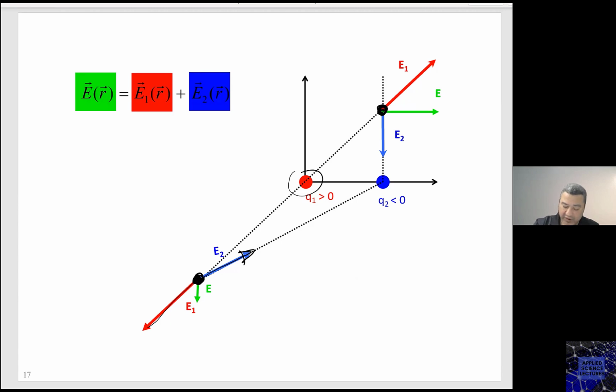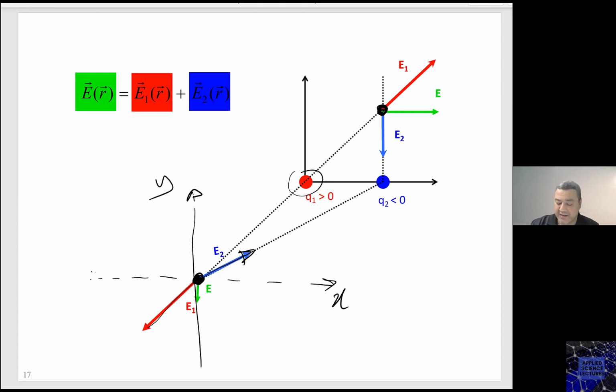And then by adding those two vectors together, you can calculate the total electric field. And you know how to do that. You need to calculate the components on the x and on the y, and then reconstruct the total field.